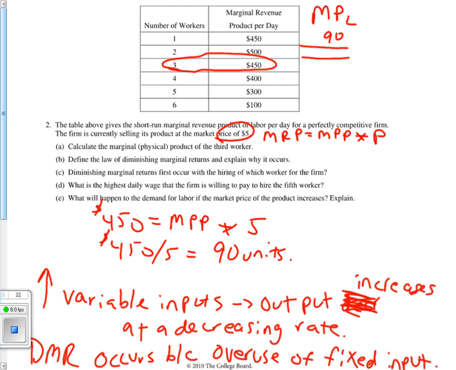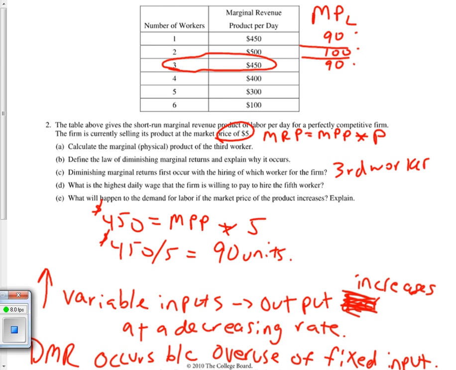Then we have 500 divided by 5 gives us 100 for the second worker. Third worker then would be 450 divided by 5 gives us 90 again. So we can stop right there and see that the marginal product of labor was increasing, now it's decreasing. So diminishing marginal returns sets in at the addition of the third worker.